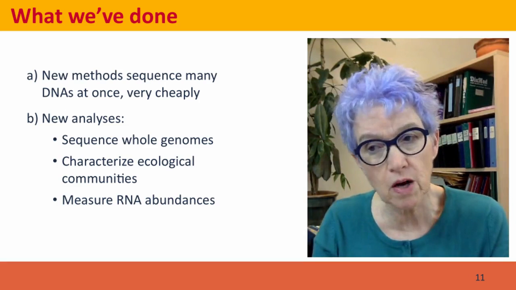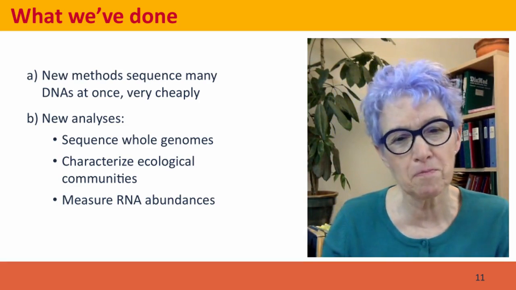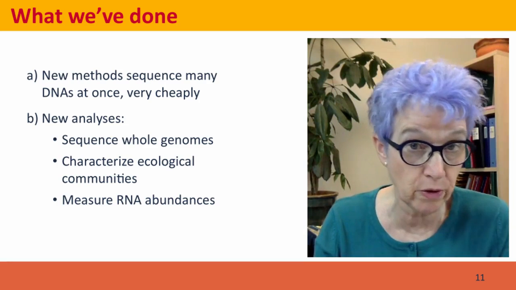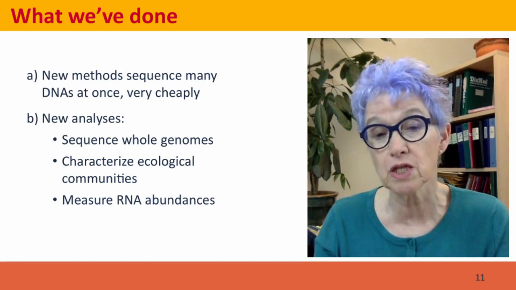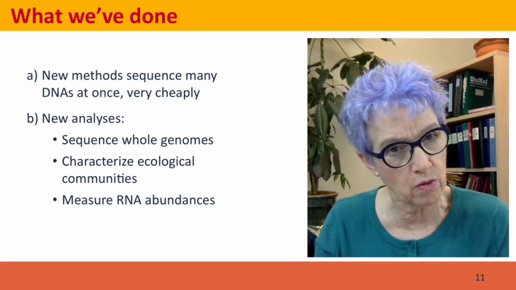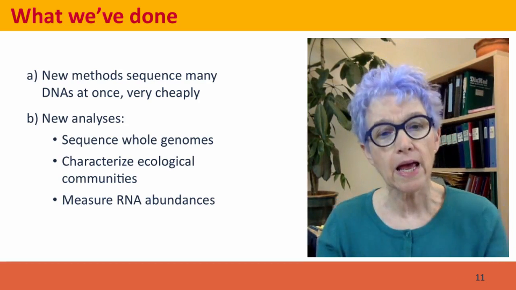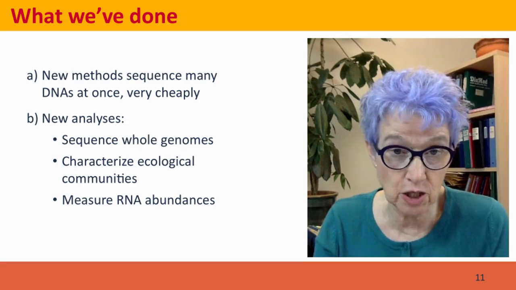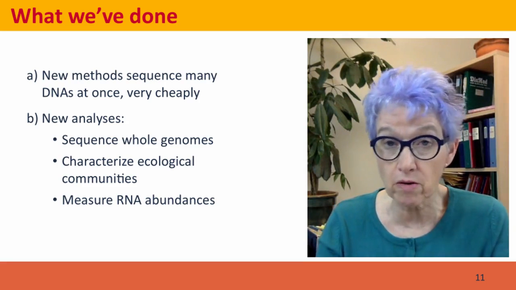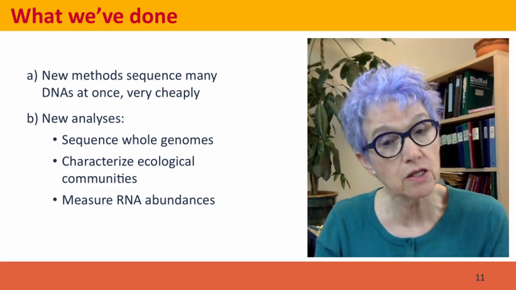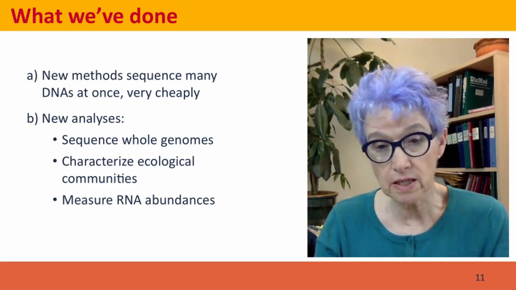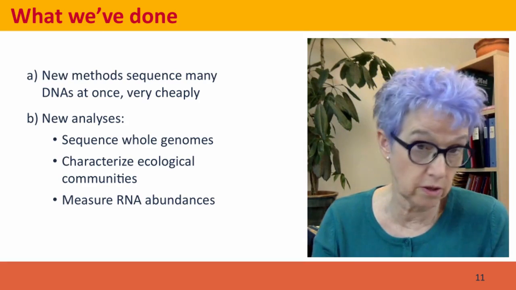We can characterize the genetic membership of ecological communities just by sequencing the DNA without actually knowing what the organisms are. And we can use DNA sequencing to measure the abundance of RNA in a sample, which tells us how strongly different genes are expressed in different tissues.